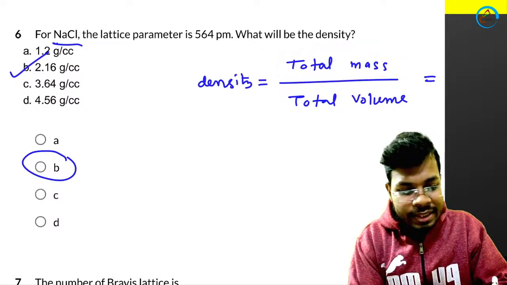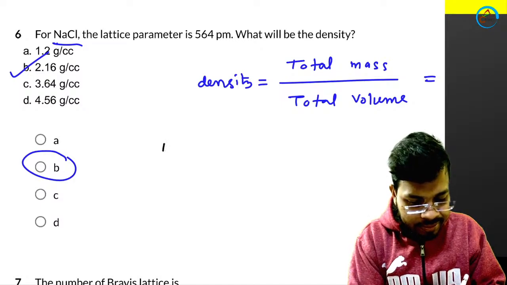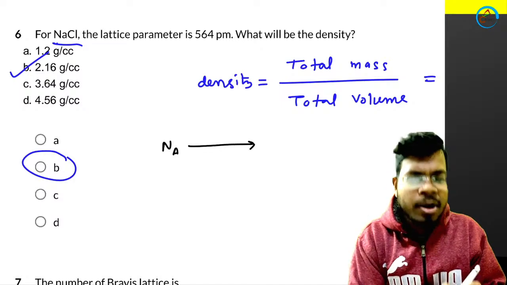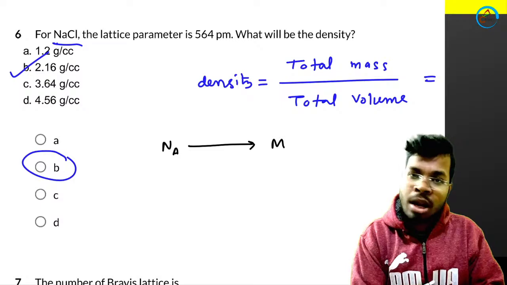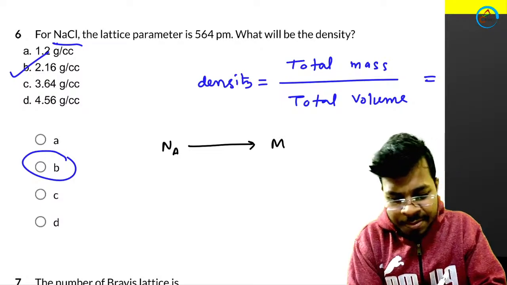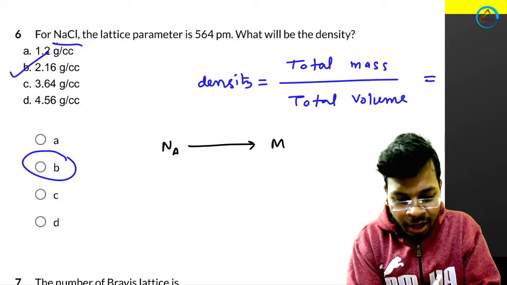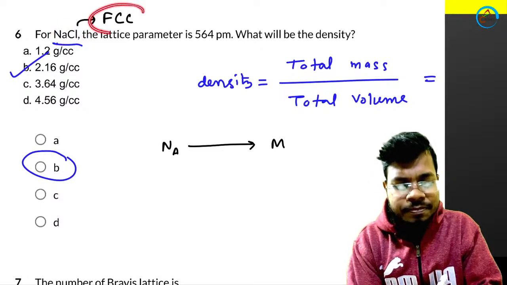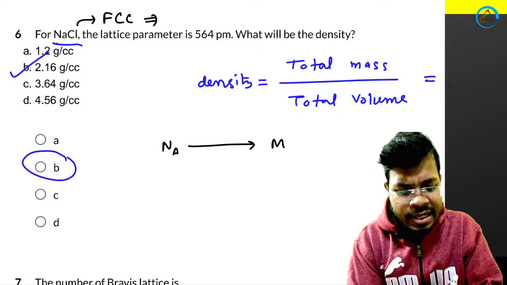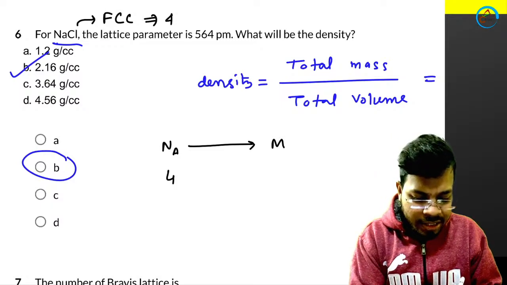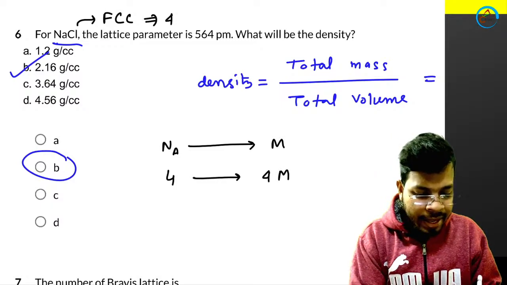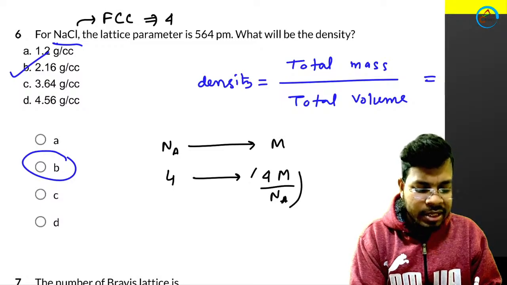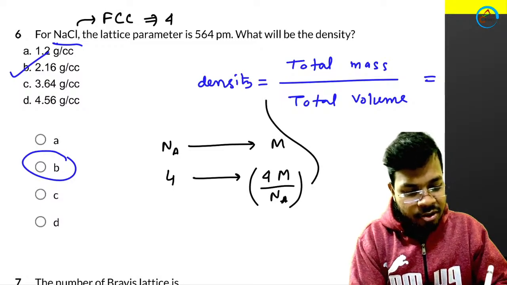Na number of particles have mass, capital M, molar mass, and NaCl shows an FCC lattice. FCC means the number of atoms in the unit cell is 4. So 4 particles will have 4M by Na. That is the total mass you have got.